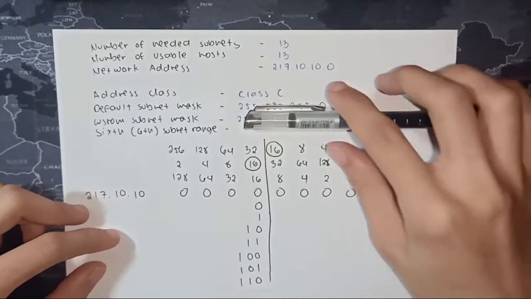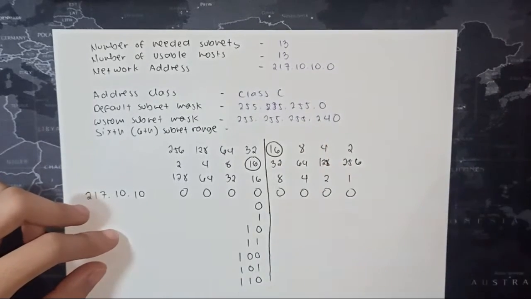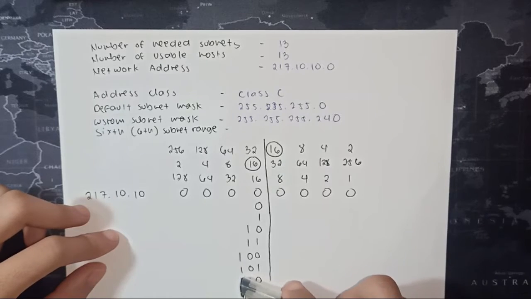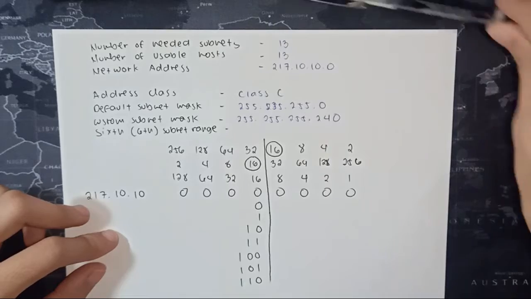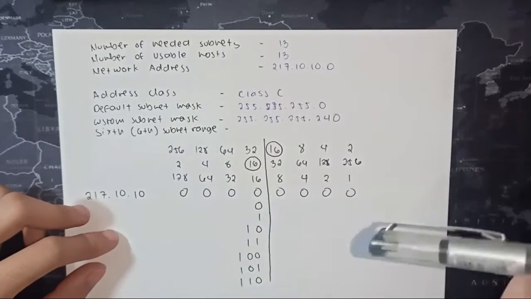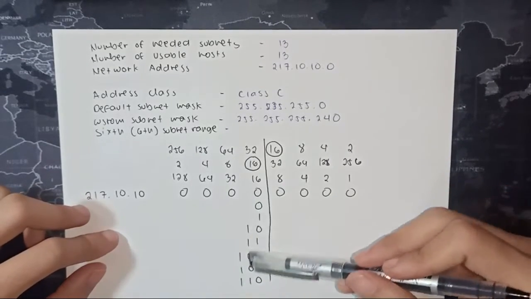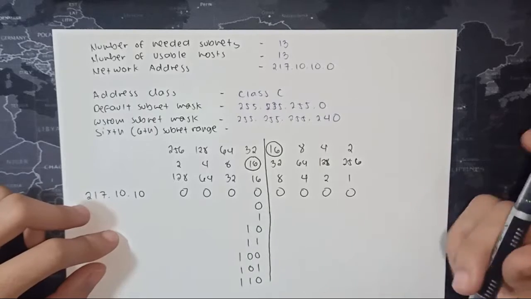We don't have to go any further, since we are just going to find the 6th subnet range. So we are just simply going to multiply with this number.